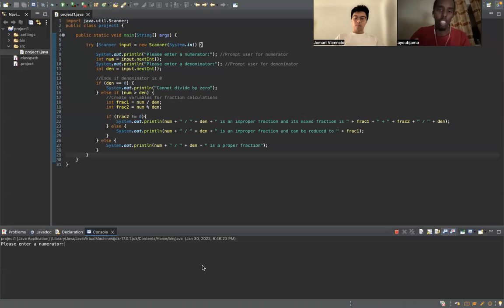For a proper fraction, the numerator will have to be smaller than the denominator, and it will give us that value. And for the analysis, as you can see in the code, we use int values, if, else, and if else statements.